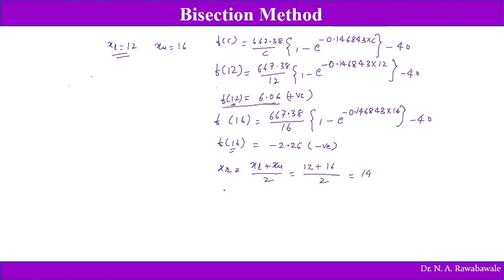So now we find f of 14. If we substitute f of 14 in this equation number 1, f of 14 is 667.38 divided by 14, 1 minus e to the power of minus 0.146843 into 14, close this bracket, minus 40.